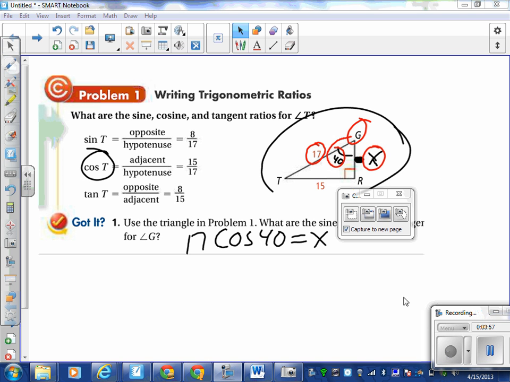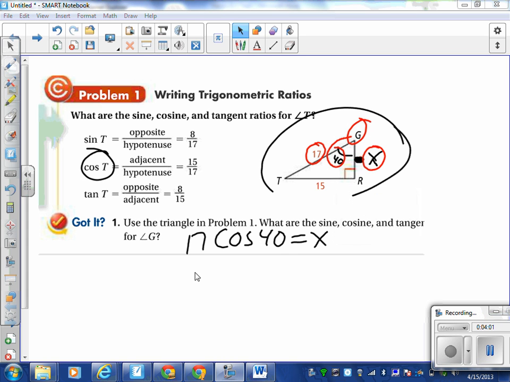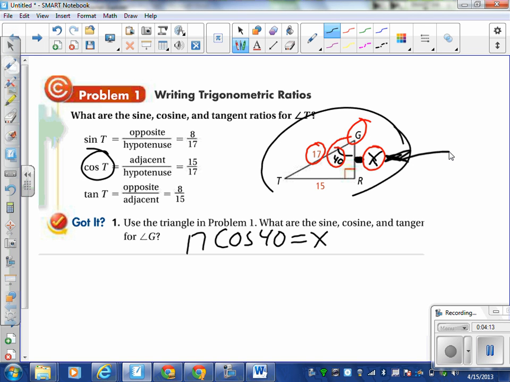Okay, Maria, I forgot to take a picture of my screen when I was talking to you. This is what you should end up with: 17 cosine 40 equals x, because they just gave you the cosine information for the x and the hypotenuse 17.